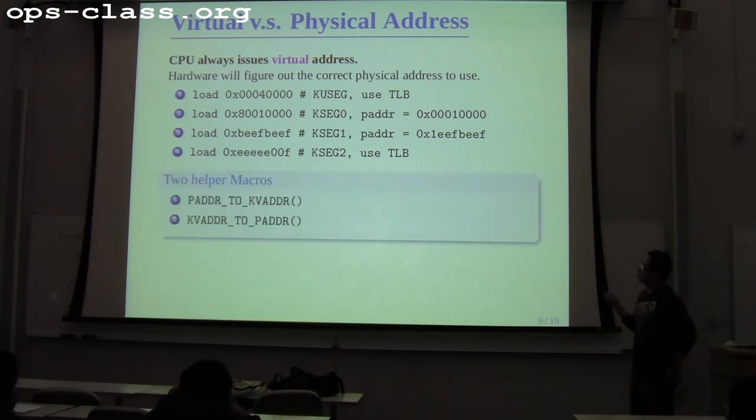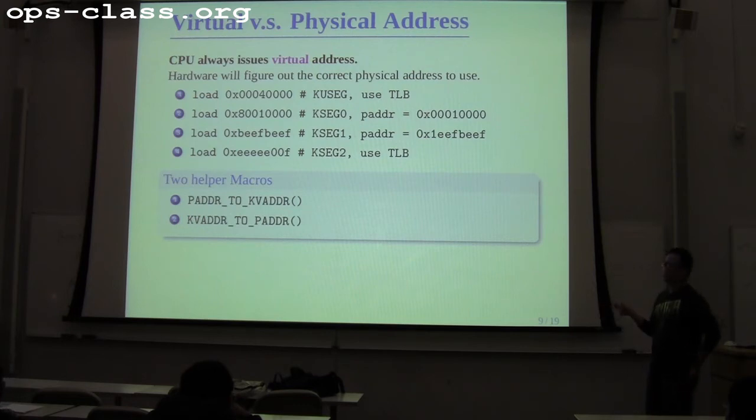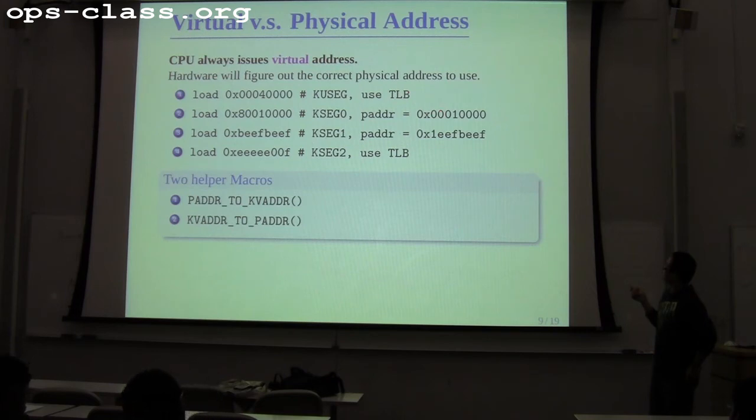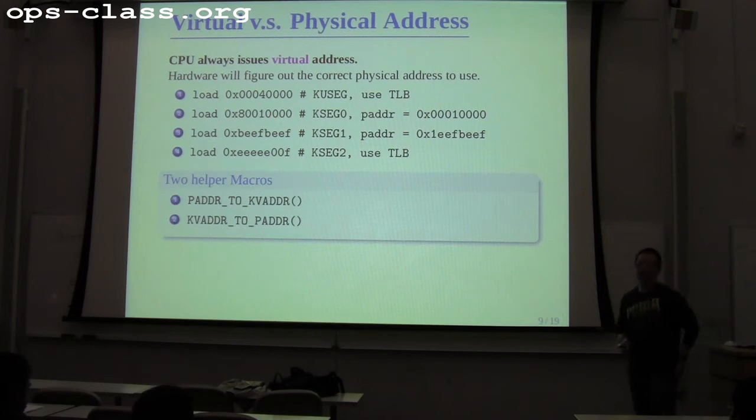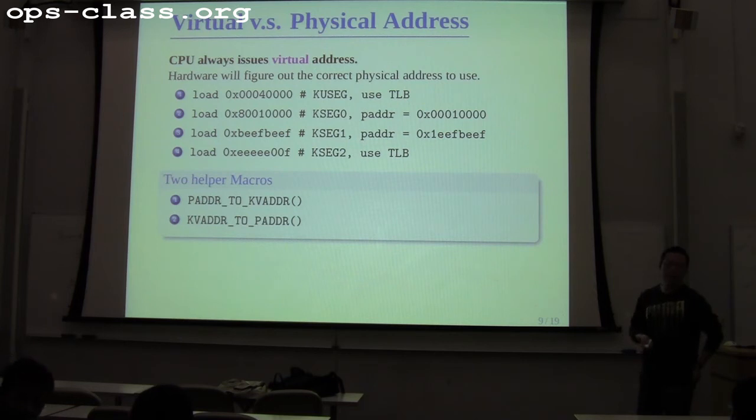And you may notice that there are 2 macros defined to help you do the translation. Because we always use virtual addresses in kernel segment 0 in the kernel, we can translate between a physical address and a kernel virtual address. So given a physical address here, we just add 0x80000000, and we get the kernel virtual address.